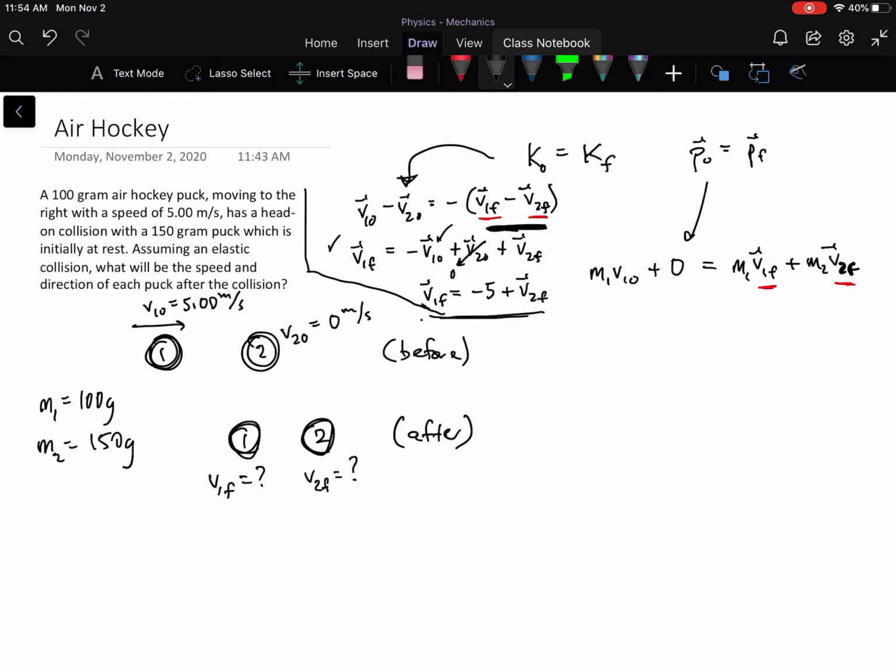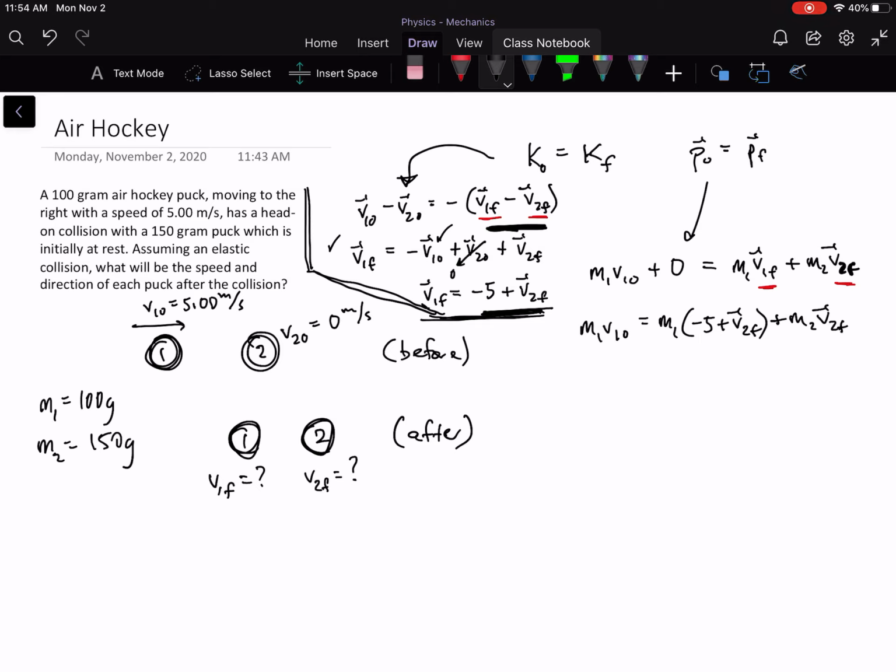So wherever we see a v1 final in our conservation of momentum principle, we can substitute this expression. So let's do that. Okay, there we are. We substituted that across, and now we have everything in terms of a single unknown.